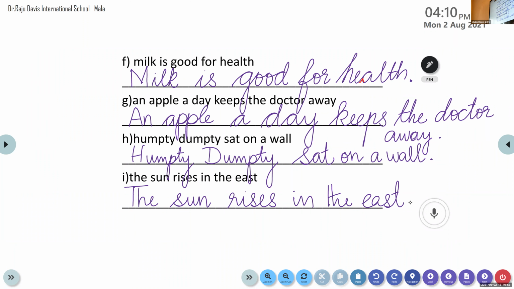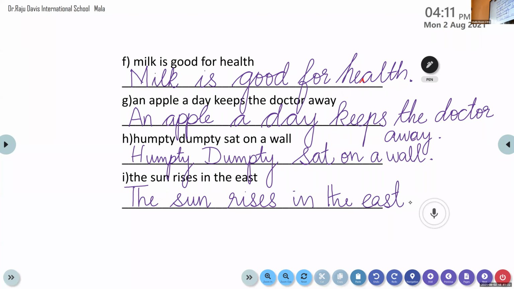Children, please do write it. Okay. It's a matter of just rewriting the sentences, children, using capital letters and full stop. See that you write neatly in the space provided there.